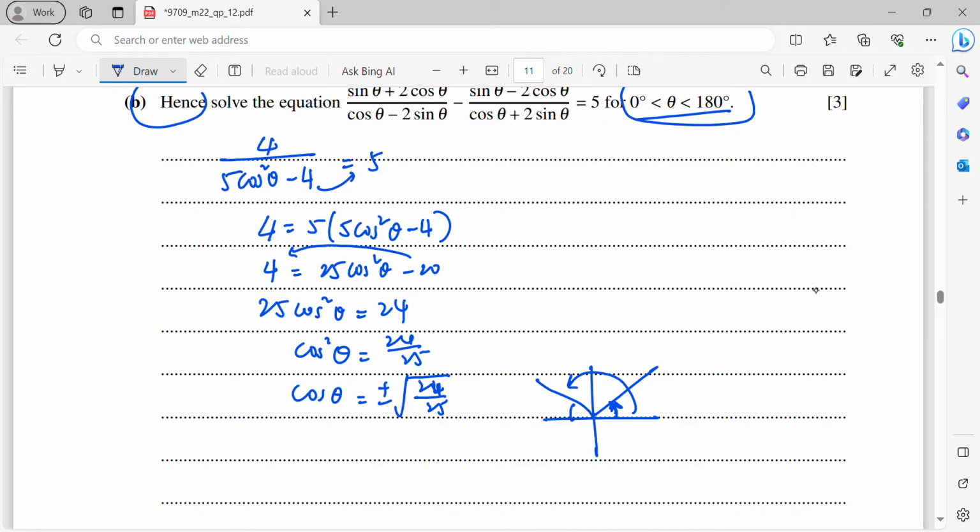Then this basic angle is 11.5. This is also 11.5. So from here I will get my first angle is 11.5 degrees and my second angle is this major angle, this big one. Therefore, it is going to be 180 degrees minus 11.5 degrees, and at last you will be getting 11.5 degrees and 168.5 degrees. That's the solution of part B.